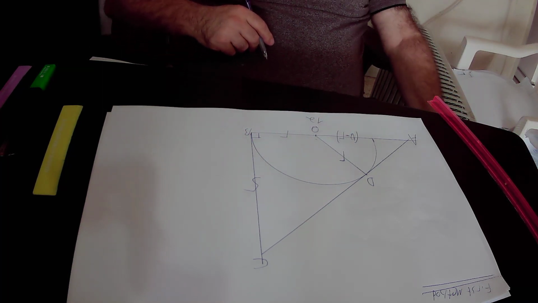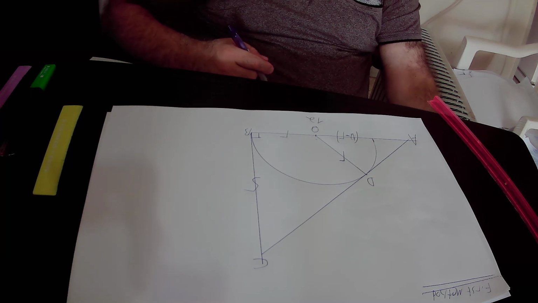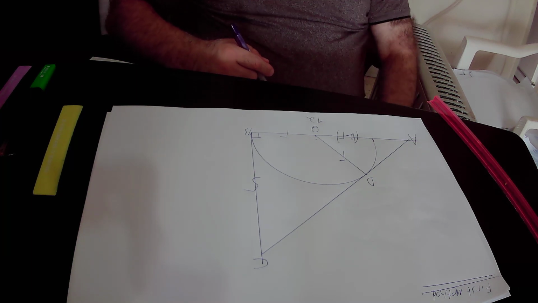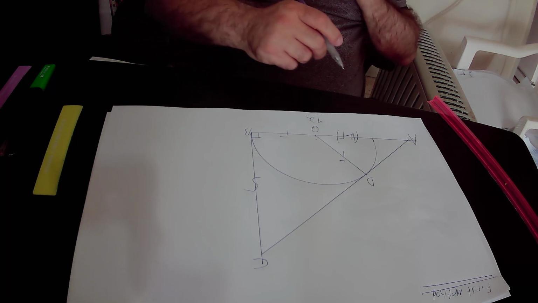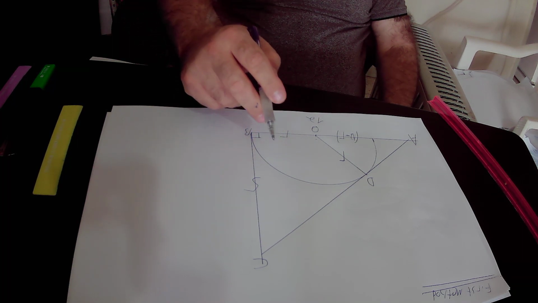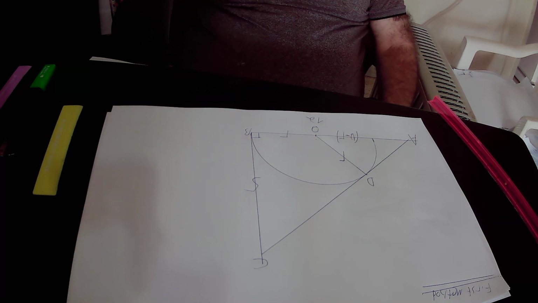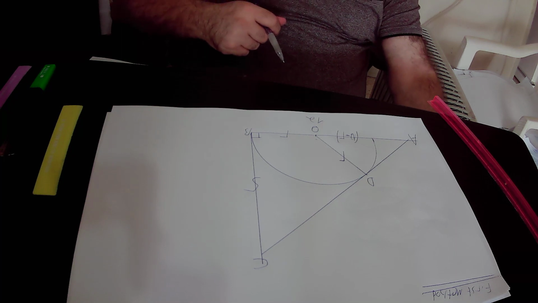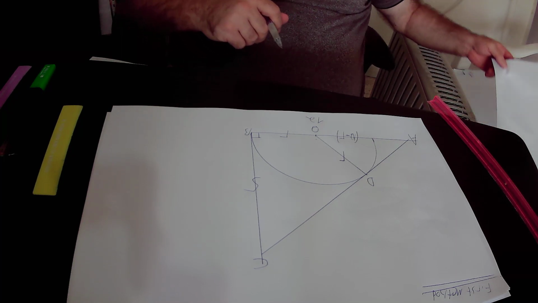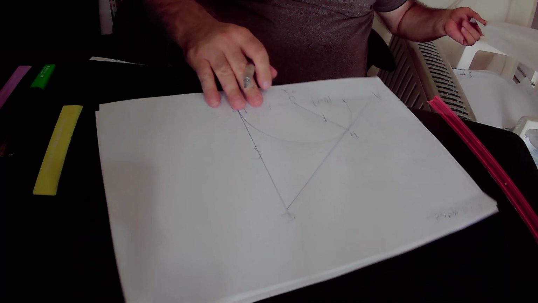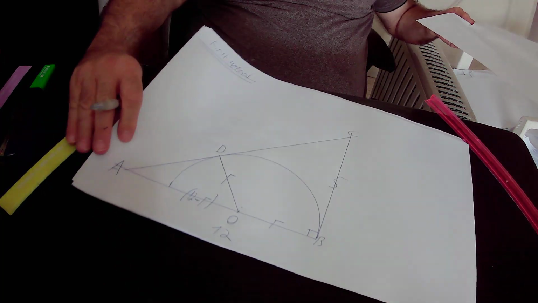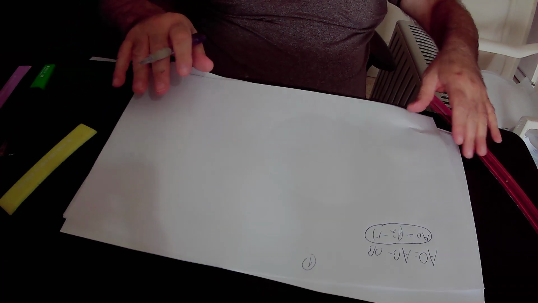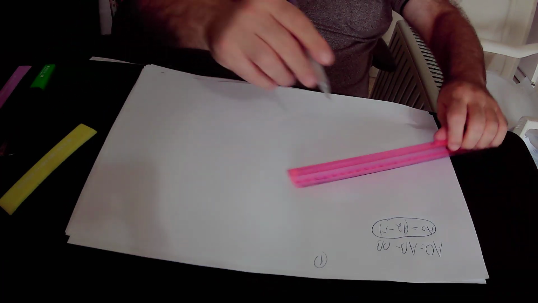In the next step, we will find out the length of the hypotenuse AC of triangle ABC. And we will find it according to the Pythagoras theorem. So we will focus on the right triangle, triangle ABC.